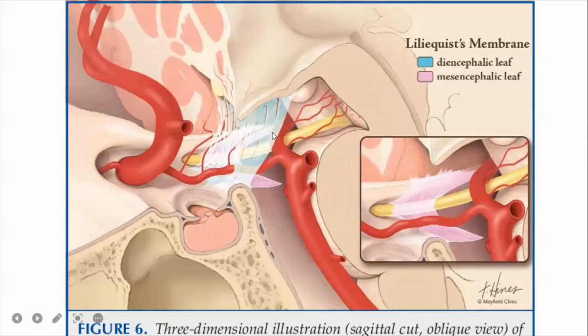This structure is thickened and it separates the chiasmatic cistern from the interpeduncular cistern. And the second membrane, which is the mesencephalic membrane, curves on the oculomotor nerve and is adherent to the area where the pons communicates with the midbrain.